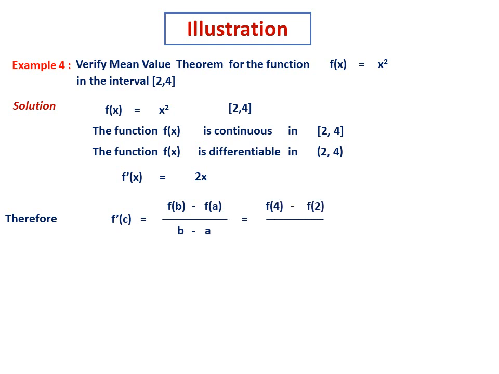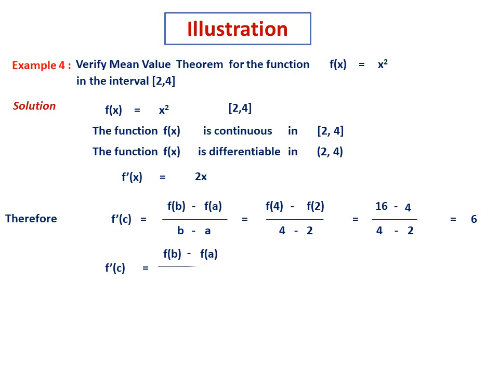Now f(4) minus f(2) divided by 4 minus 2, where a equals 2 and b equals 4. Simplify: f(4) is 4 square, 16, minus f(2), 2 square, that is 4, divided by 4 minus 2. You get 12 by 2, that is 6. So this is f'(c).